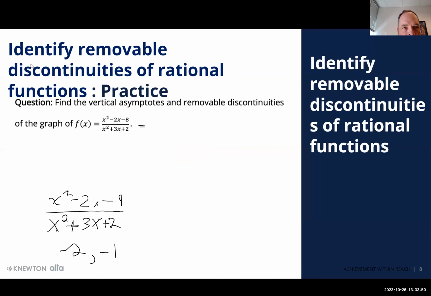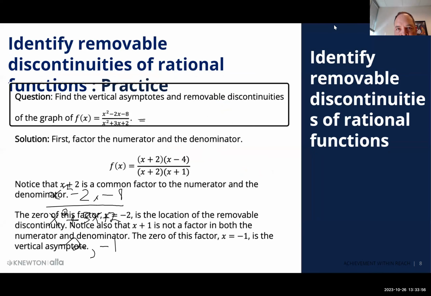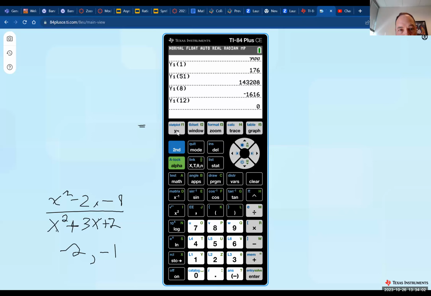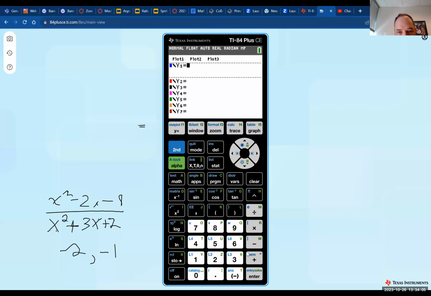So I'm going to go to the calculator. And I'm going to put in the rational function, which is x squared minus 2x minus 8 divided by x squared plus 3x plus 2.